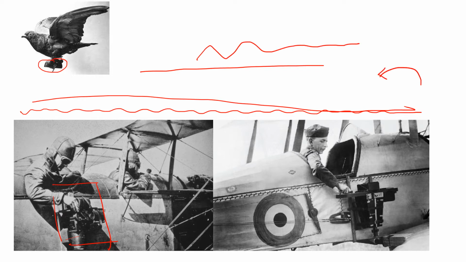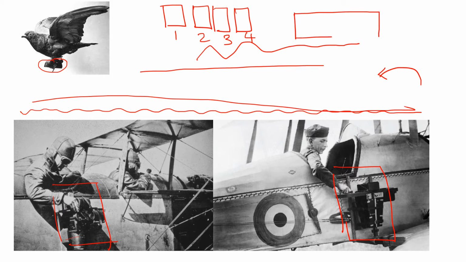So to avoid this, they attached a camera to helicopters, and once they did, they were able to capture sequential images of the area in a patch manner. If I say this is 1, this is 2, this is 3, and this is 4, then they can attach them and make a single image out of it, and this helps in getting more and more information.